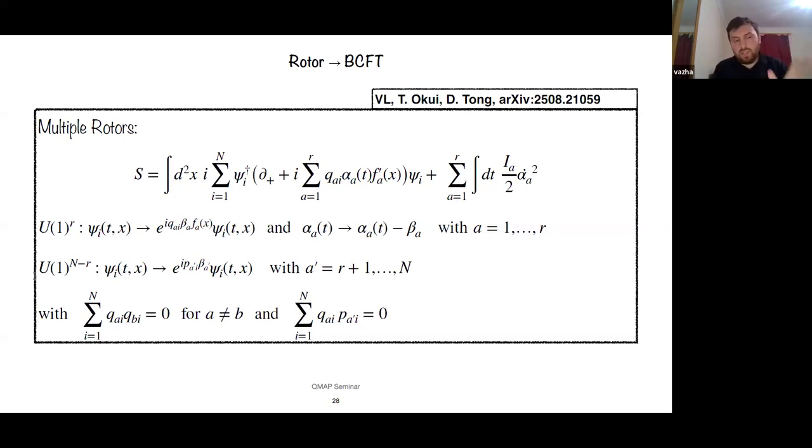I also have a leftover U1 n minus r symmetry, under which the rotor does not transform, and the fermions transform trivially, such that they have the same charges. Additionally, if I satisfy the following relation for charges, all of the mixed anomalies will cancel, and this will be the anomaly-free symmetry group of this theory.